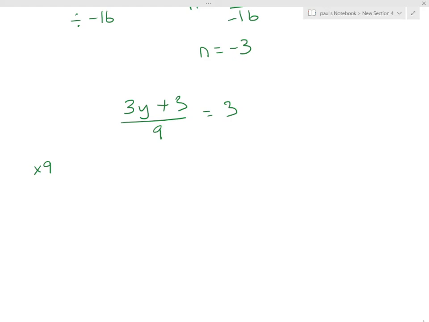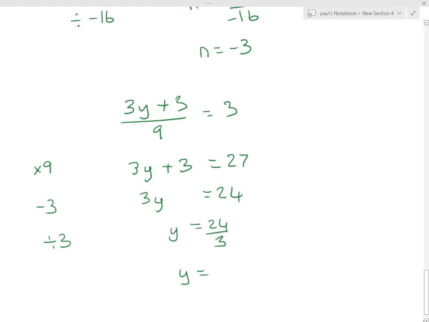So multiply by 9 will cancel all that out, and 3 9s are 27. Take away 3, so 3y equals 24, and divide by 3, so y equals 24 divided by 3, so y equals 8.